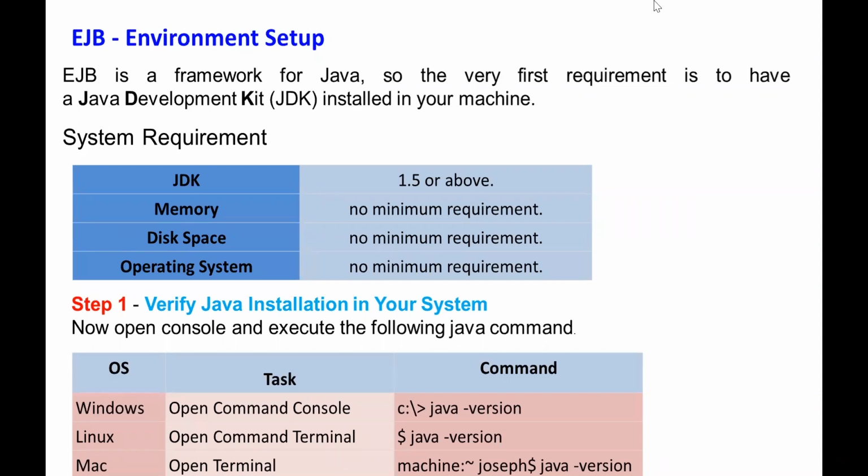I can explain this for the Windows, Linux and Mac operating systems. Suppose you are running the Windows platform: you should check whether Java is installed. First, open the console, the command console, and write C:/> java -version.